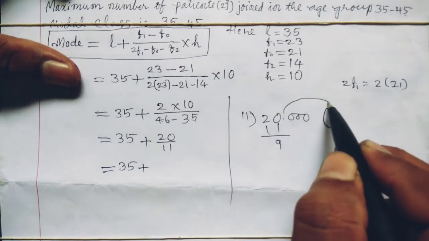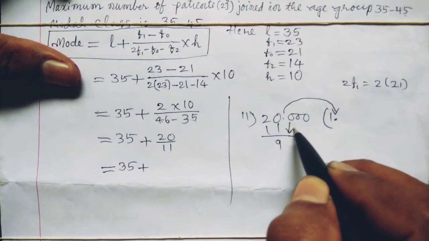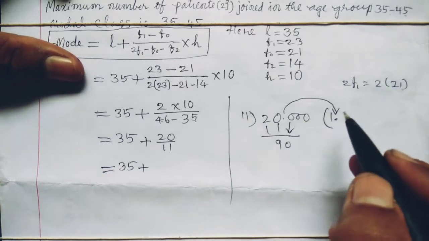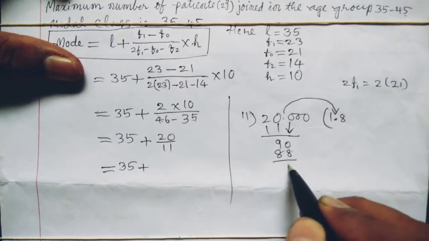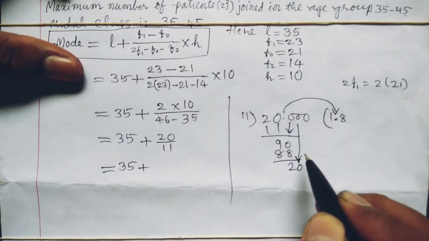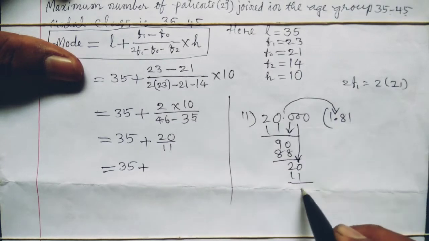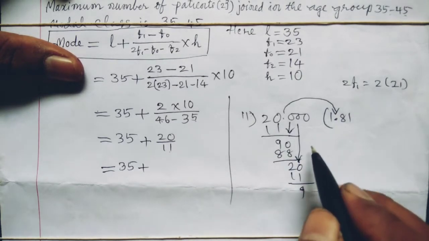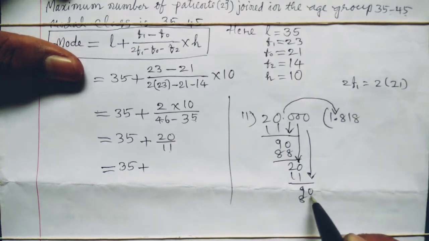We have to keep the decimal point in the quotient, then bring down 0. 11 eights are 88, remainder 2, bring down 0. 11 ones are 11, 9, 11 eights are 88, so 2.